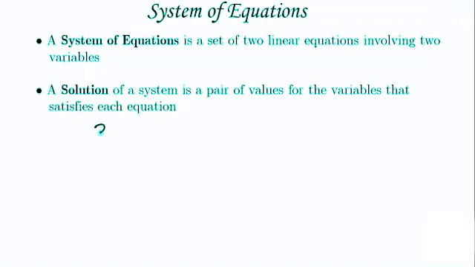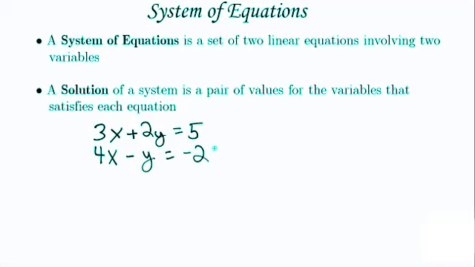For example, 3x plus 2y equals 5, taken together with the equation 4x minus y equals negative 2, is considered a system of equations. A solution for a system is a pair of values for the variables that satisfies each equation.